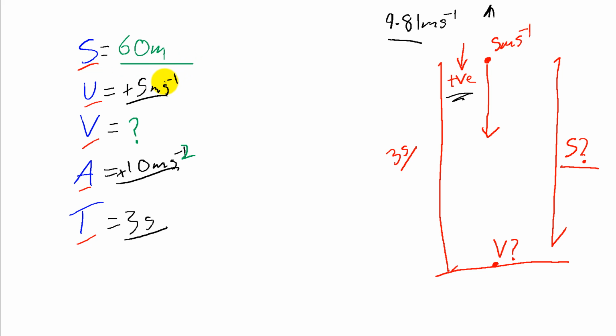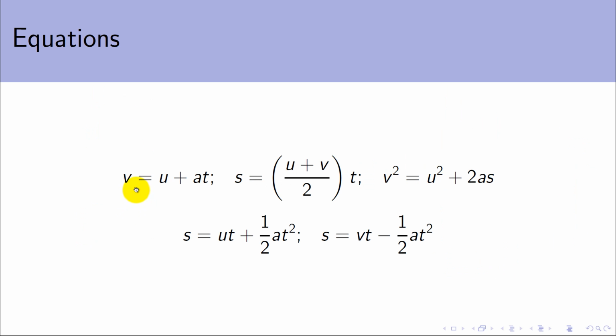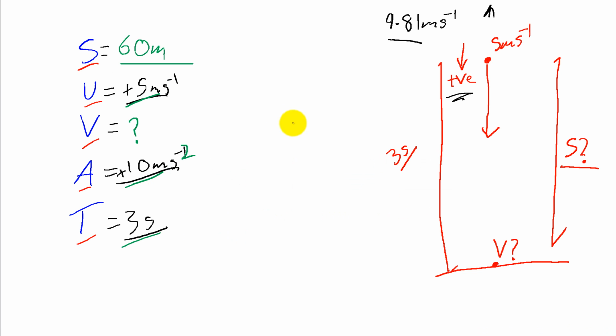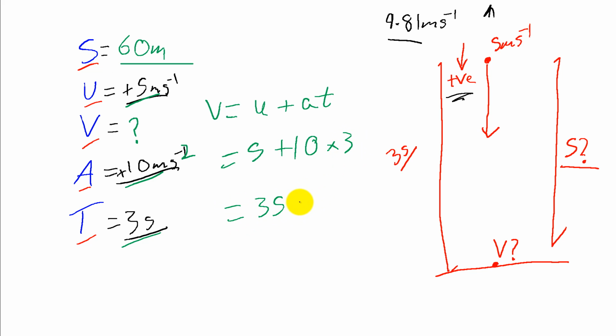So if we did that wrong and used this s value, then we would carry that error through and get a wrong value for v as well. So instead, we're going to prefer to stick to the original 3 which we were given in the question. So that's u, a and t to find v. And so this time we're going to use v is u plus at, that's the one without s. So v is u plus at, which gives us 5 plus 10 times 3 to give us 35 meters per second.